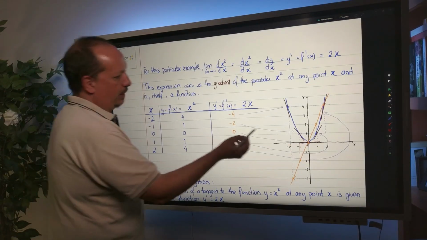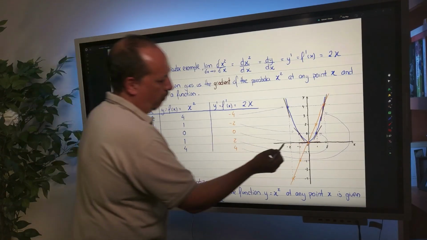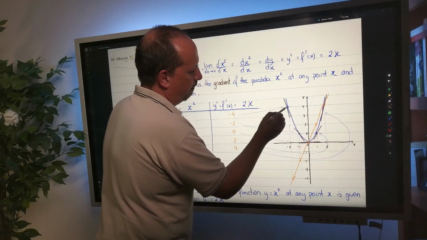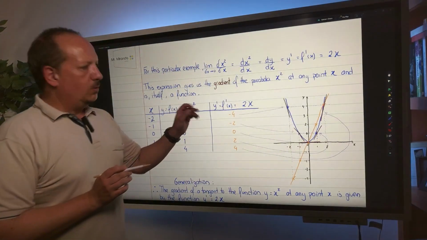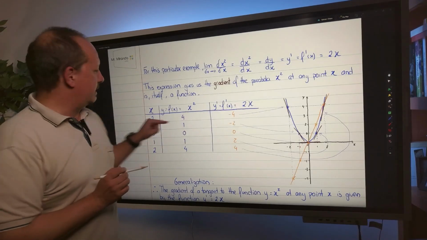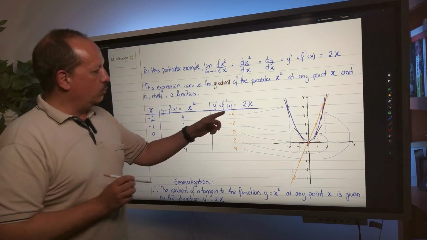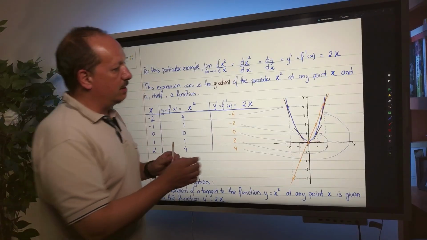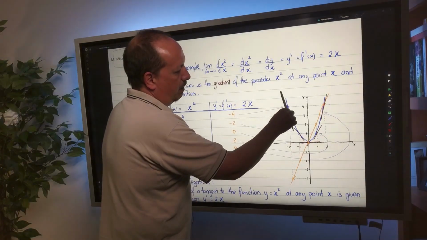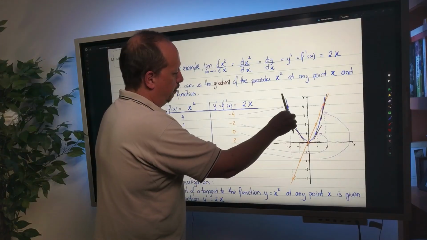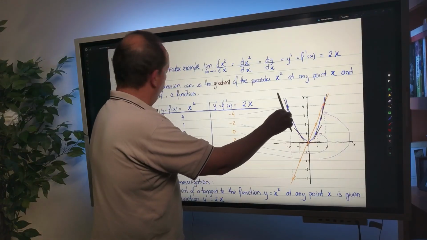When x equals minus 2, the y is 4, so we are talking about this point over here. What's going to happen if I substitute x by minus 2? I have 2 times minus 2, that's minus 4. And what is this? This is the gradient of the original function on point minus 2, 4.